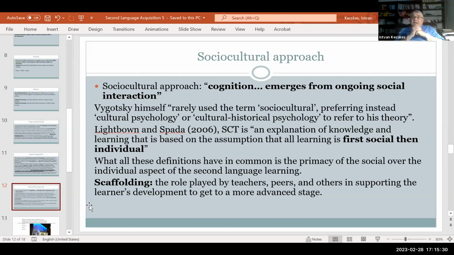And one of the important things that the sociocultural theory gave to language teaching was what we call scaffolding. This is the role that is played by teachers, peers, and others in supporting the learner's development to get to a higher level. So we use that all the time, and I think that is very useful, not only in the theoretical side of language learning, but also in practical language teaching.